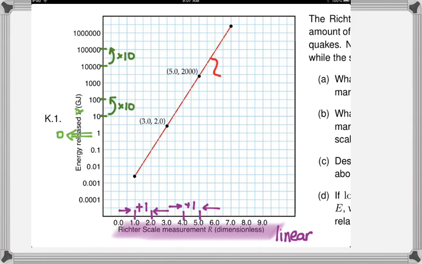Well, what just happened? If we decide to plot the log of E instead, the log of E, when E is equal to 1, is 0. What's the base 10 log of the number 10? 1. How about 100? 2. 1,000 is 10 to the power 3. 10,000 is 10 to the power 4, and so on and so on.